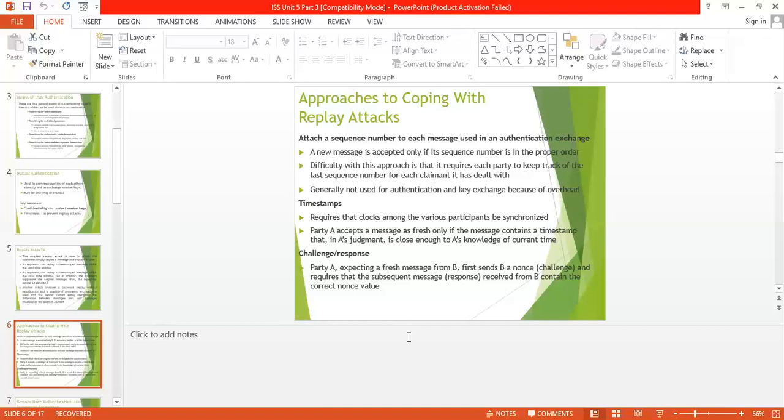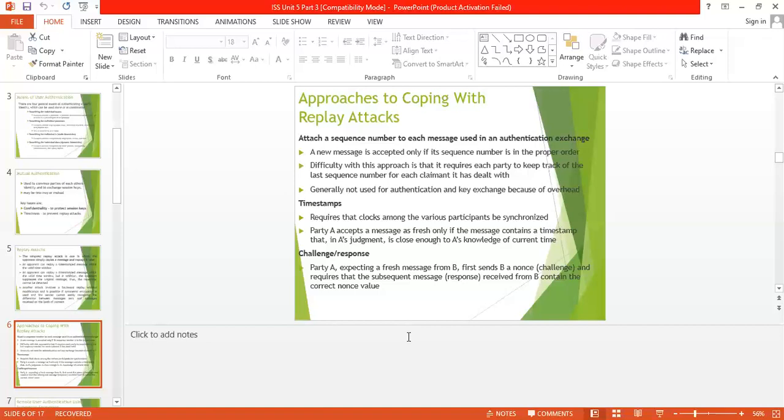But these solutions have been observed to possess the following limitations. Number one, any timestamp-processing must allow for a window of time sufficiently large to accommodate network delay, yet sufficiently small to minimize the opportunity for attack.